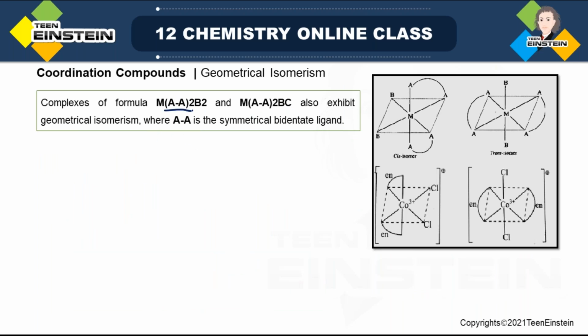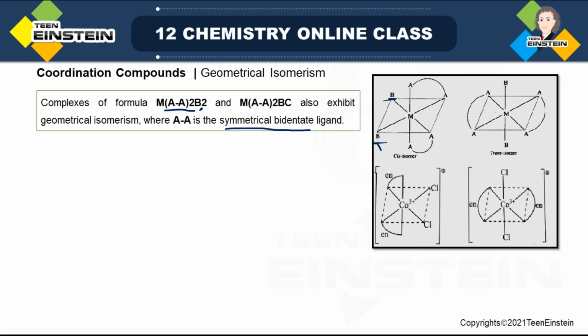Complexes of formula M(AA)2B2. Here AA means a bidentate ligand, and it is a symmetrical bidentate ligand. Though for a monodentate ligand I should take a small b, in the example picture it is using capital B, so to match with this I have given capital B also.